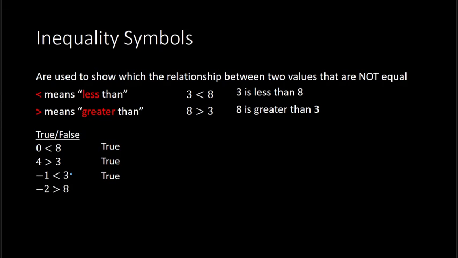Next we have this statement, and the question is, is this true or false? Well, in English we would state that -2 is greater than 8. That is not a true statement, so the answer is false. And notice 8 is bigger than -2, so the mouth should be facing the 8, but it's not. It's facing the -2.